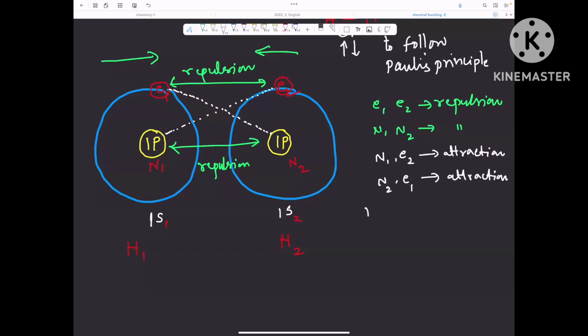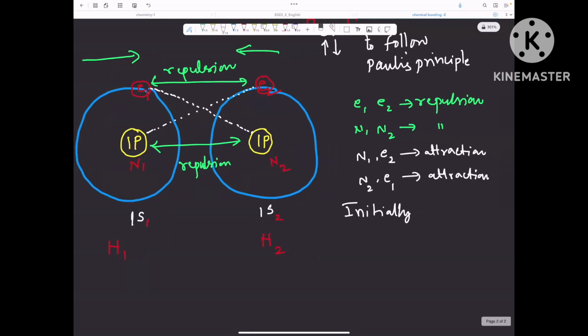Now, initially, attractive forces start operating, but here is a condition.